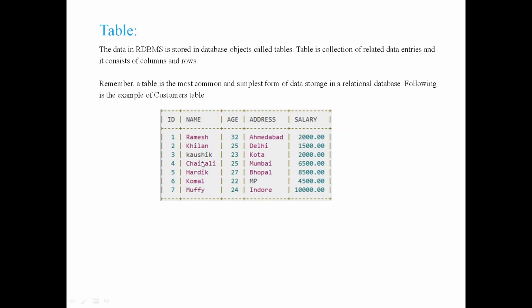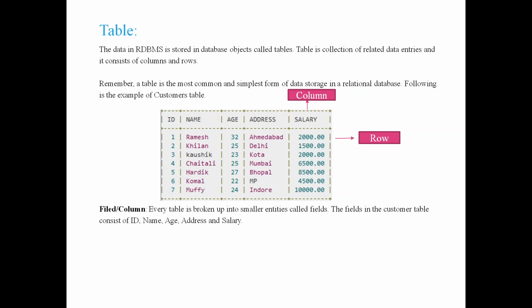So ID, name, age, address, salary are columns, and collectively the entire record of a person, Ramesh, with his age, address, salary, we call a row. The horizontal one we call a row, and the vertical one we call a column. It is very similar to your Excel document. And this would be the columns, and this would be the row in the table.